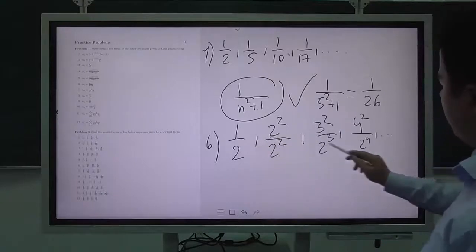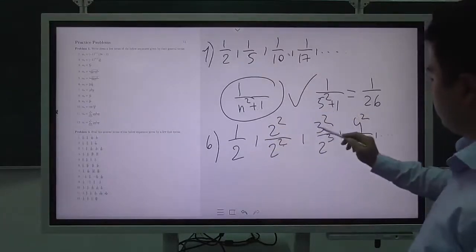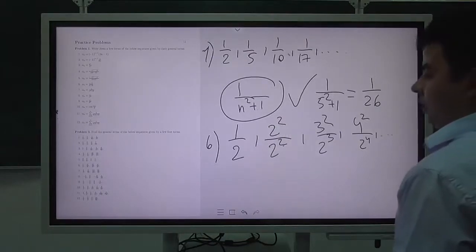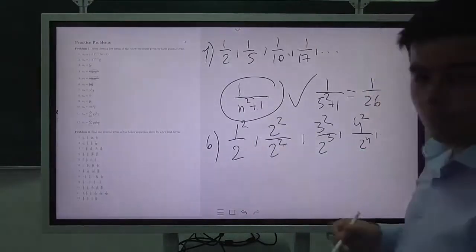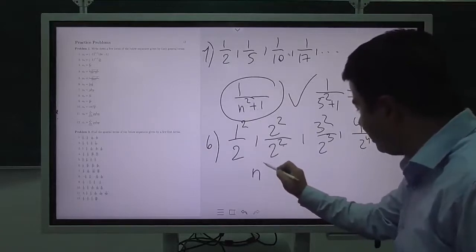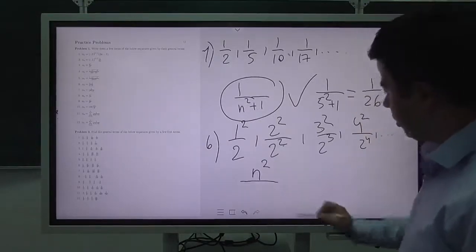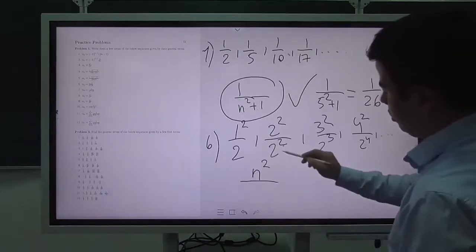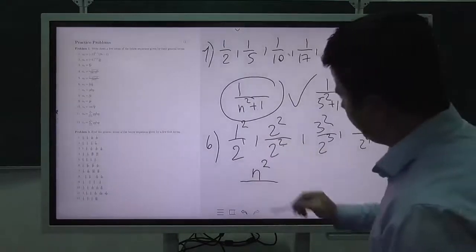Look here, the first one is 1 over 2, the second one is 2 squared over 2 squared. If we consider just the numerators, 1, 2 squared, 3 squared, 4 squared, next 5 squared, 6 squared, etc. So we can write 1 squared instead of 1. It means in the numerator we have n squared. And now the denominator: 2, 2 squared, 2 cubed, 2 to the fourth degree, etc. This one is 2 to the first degree.